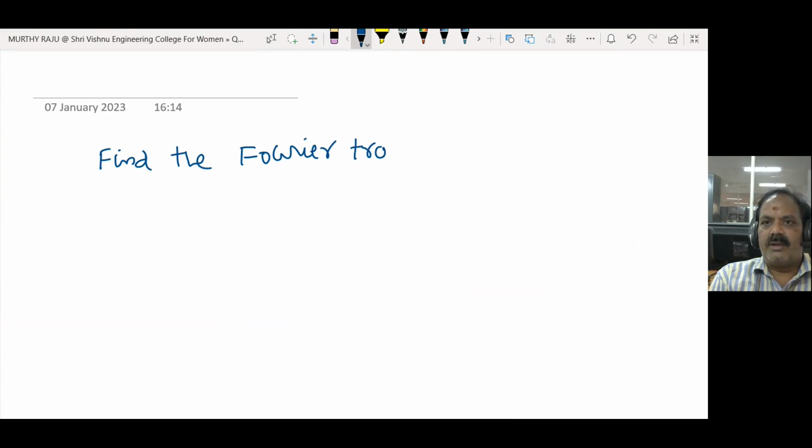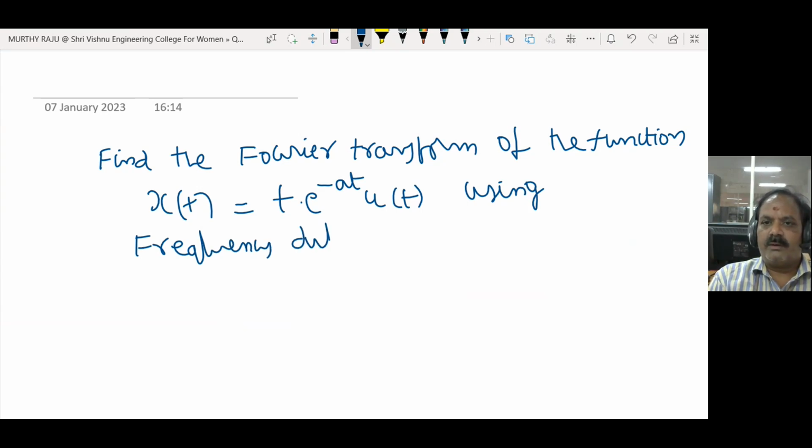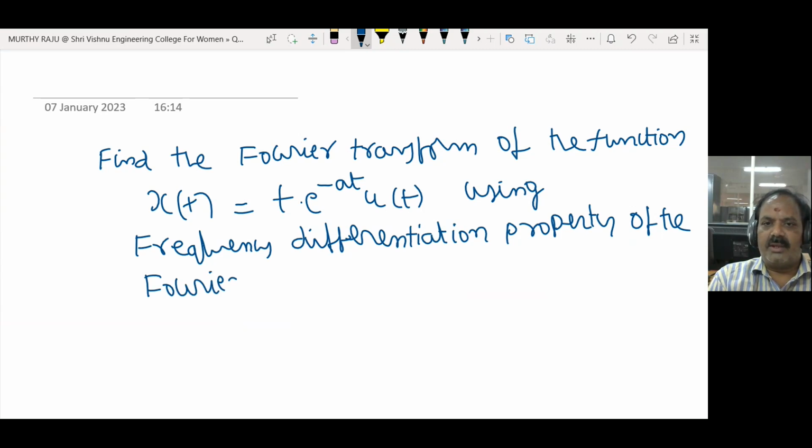Find the Fourier transform of the signal x of t is equal to t into e power minus at u of t, using the frequency differentiation property of the Fourier transform.